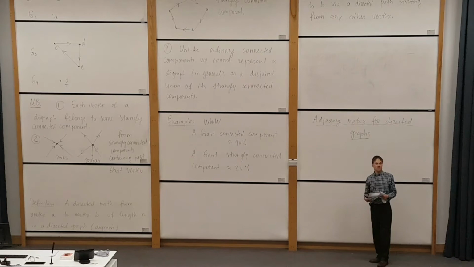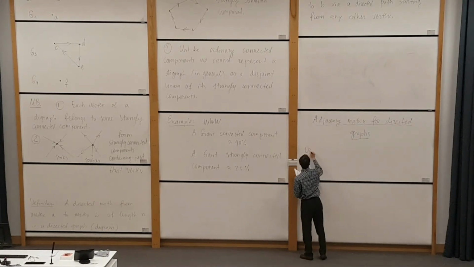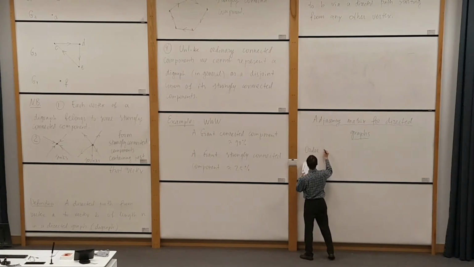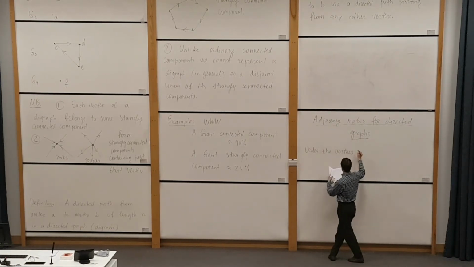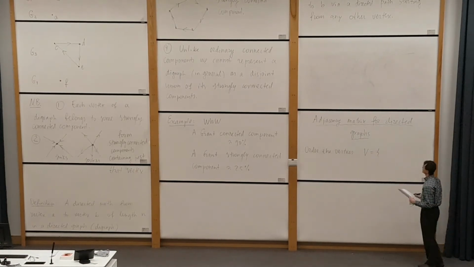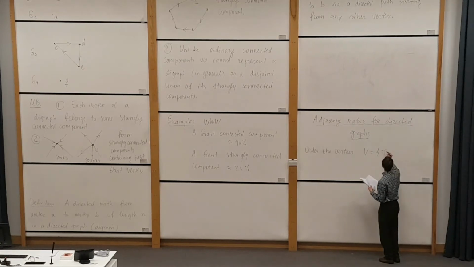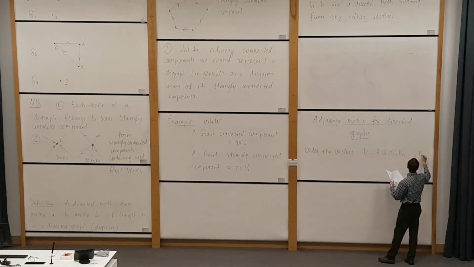We assume that we somehow ordered all of the vertices, so that in my set of vertices, I have the vertices labeled V1, the first vertex, V2, the second one, V3, and so on.